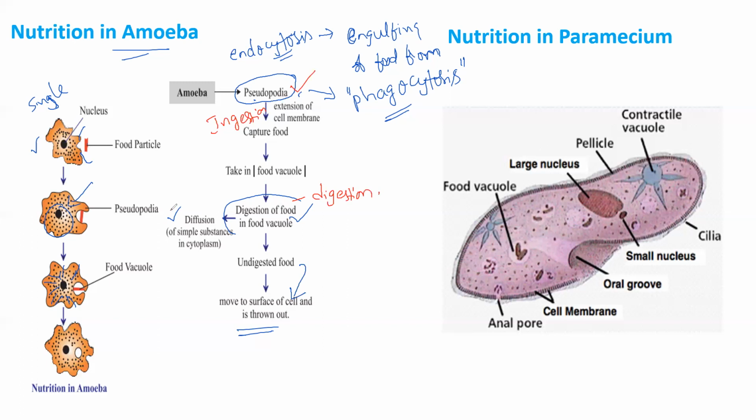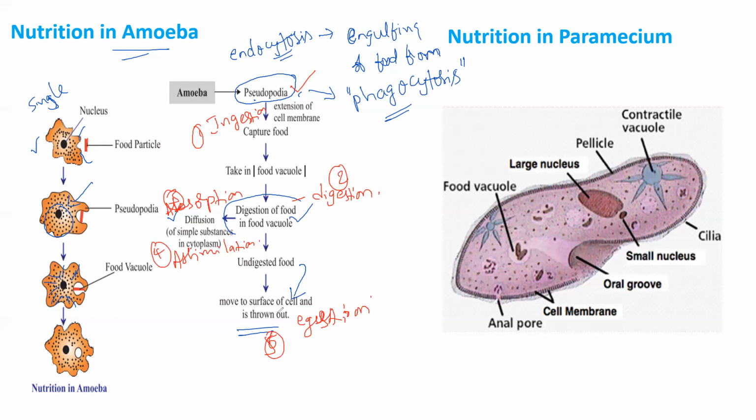After digestion, there is absorption and assimilation. After that, finally, egestion takes place. These are the 5 steps involved in amoeba also. So it is a holozoic nutrition.